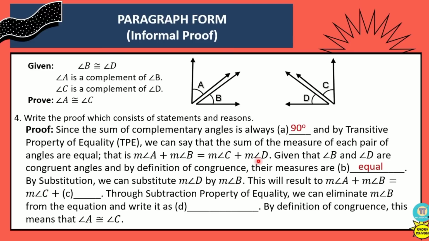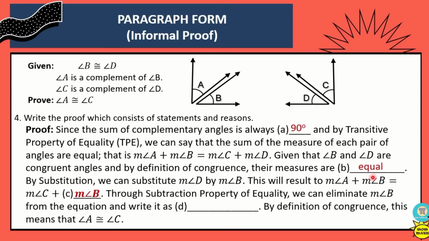So, i-replace natin ng measure of angle B. So, lalagay natin siya dito by substitution. Okay. Now, by subtraction property of equality, we can now eliminate the measure of angle B from the equation. So, pag in-eliminate natin ito, inalis natin si angle B dito, at dito, anong naiwan?